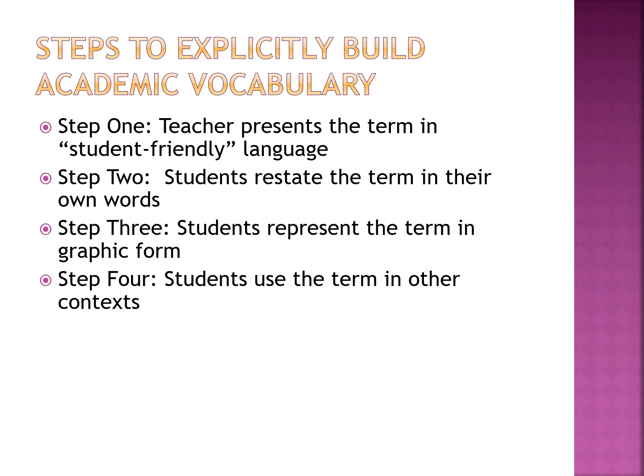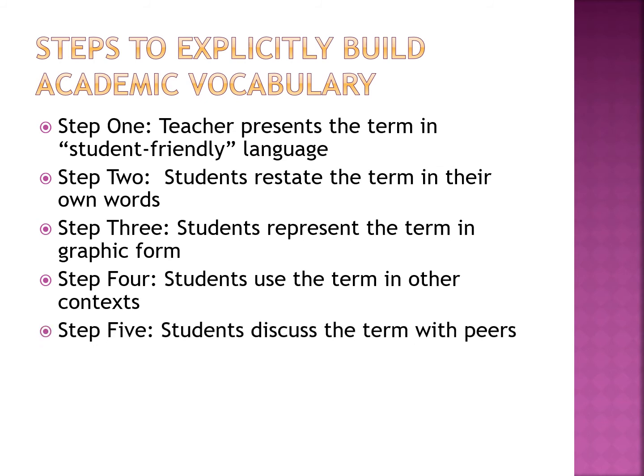The fourth step is have students use the term not only in the context that you're teaching them, but in other contexts as well. So the more that they use the word, the more it's going to become part of their own vocabulary. And then step 5, have them discuss the term with peers.